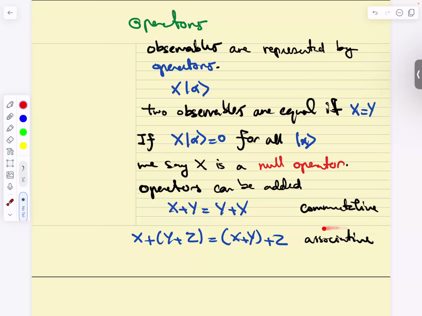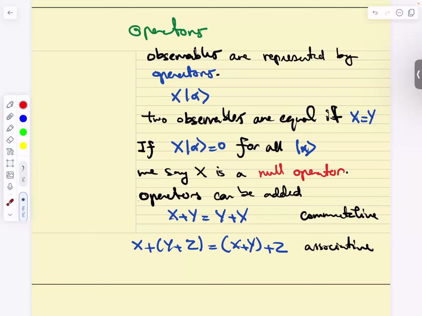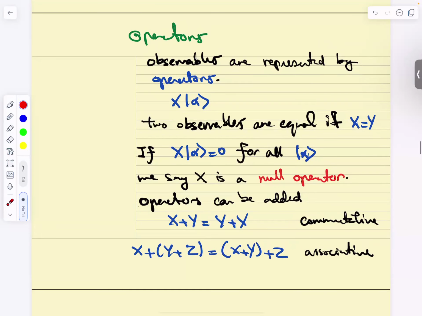It's also associative, meaning that if you first add Y plus Z, then add the result to X, that is equivalent to adding X and Y first and then adding Z. In the case of matrix addition, these are trivialities. These hold, but I'm saying this because as we go to fancier operations, I want to use this terminology. Good.